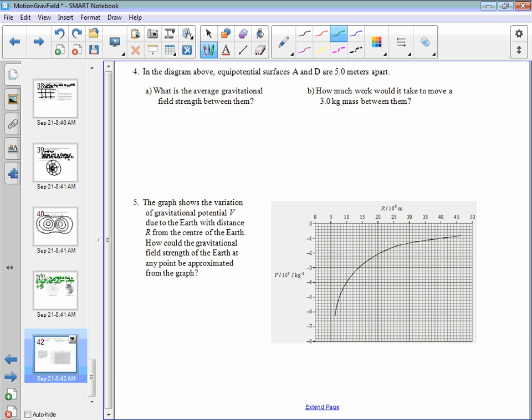So, what is the average gravitational field strength between the two equipotential lines, A and D, in the diagram that you have there, if A and D are 5 meters apart? The change in potential between them does depend on which way you go, so we'll go from A to D. When we go from A to D, delta V is going to be negative 40, and delta X is going to be equal to 5 meters.